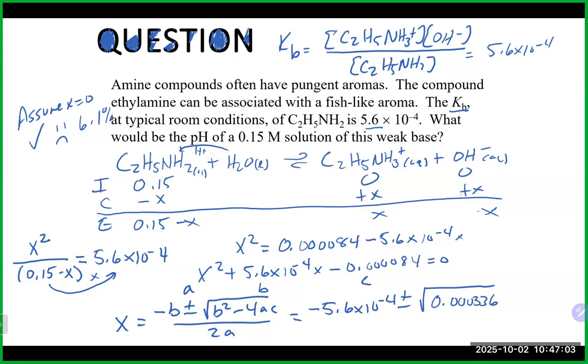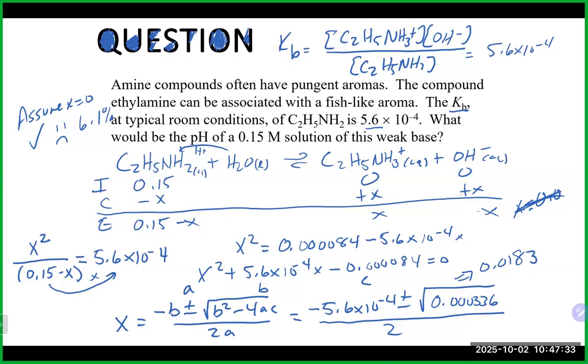Taking a little square root action, a 0.0183, all divided by 2 times a, which should be 2. Again, going to give us here our two x values, negative 5.6 to the minus 4. I'll do the plus first, 0.0183, divided by 2.